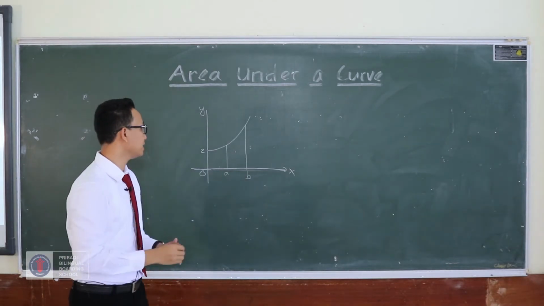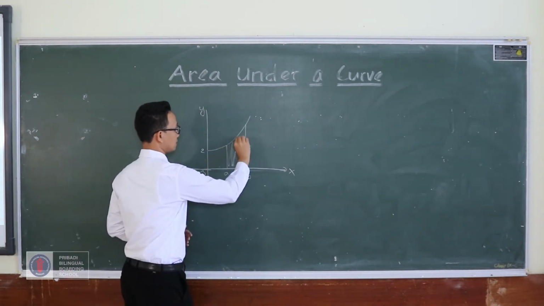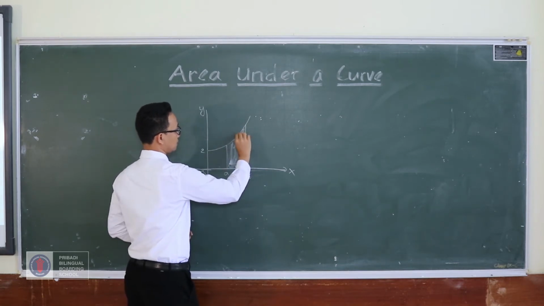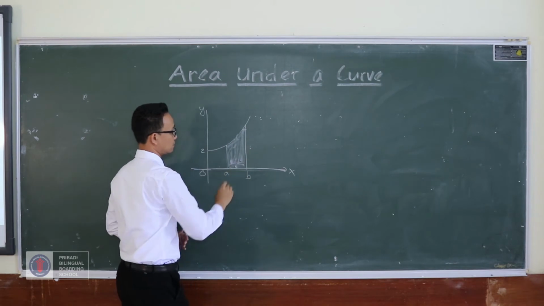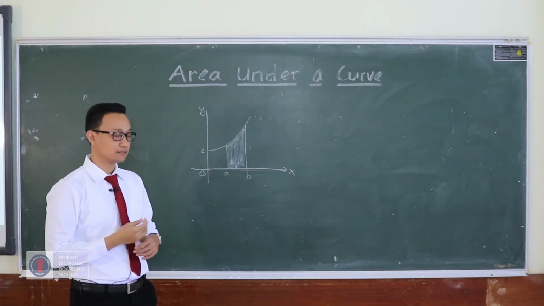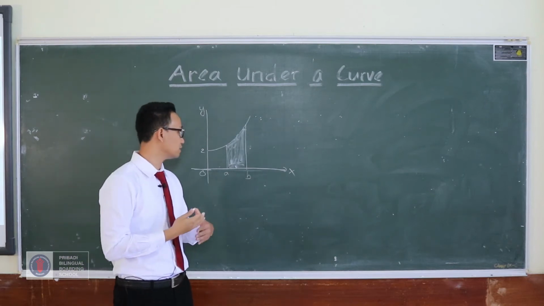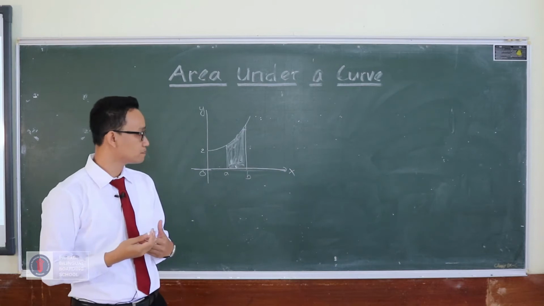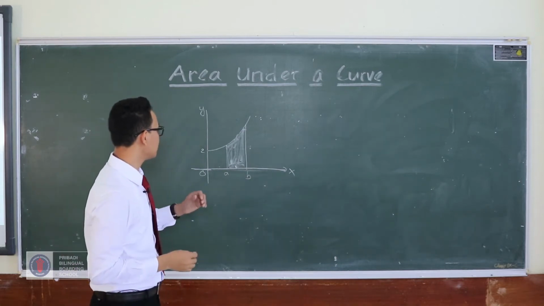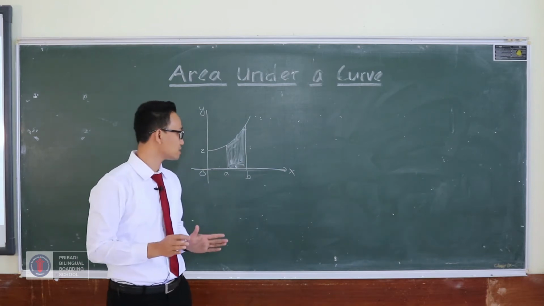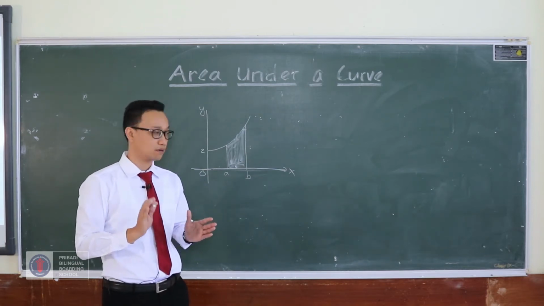How to find the area of this? It seems difficult, right? Yeah, it's difficult. That's why we need to study the fundamental calculus before, right? This one we can find by using integration, but let me explain how it happens, all right?